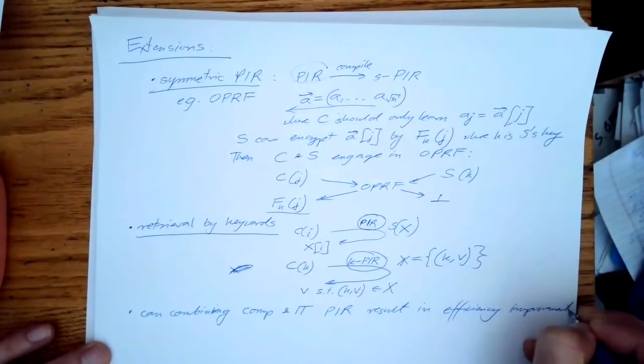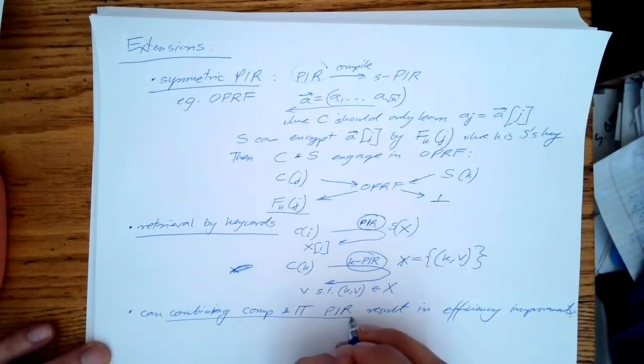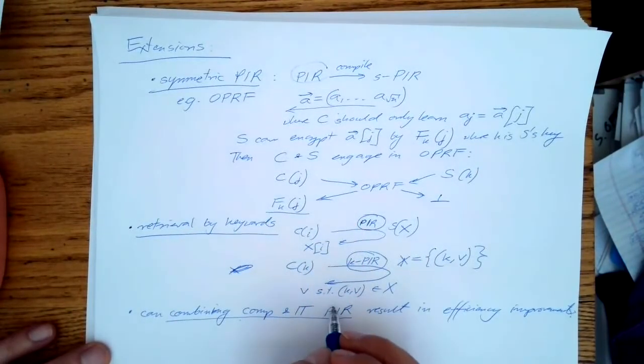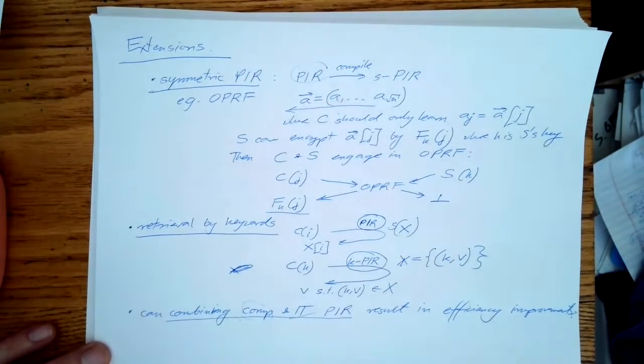So there are two solution classes. You have many servers and you get information theoretical privacy, or you have a single server and you get computational privacy. Okay, let's say in practice you don't care about information theoretic secrecy.